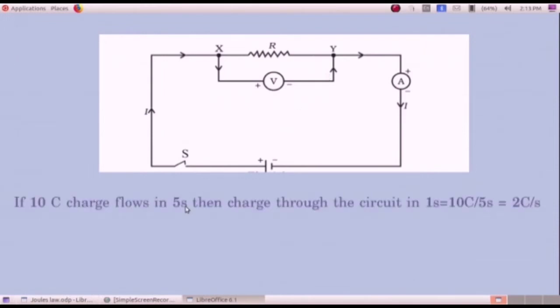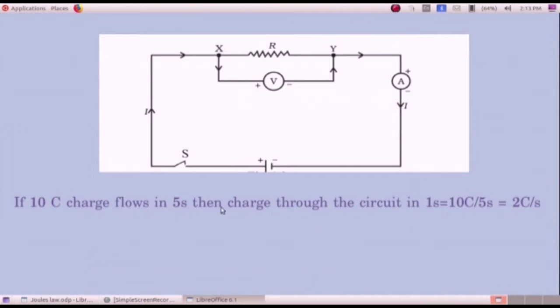Suppose 10 coulomb charge flows through this circuit in 5 seconds. Charge we measure in coulombs. So here 10 coulomb charge flows in 5 seconds.